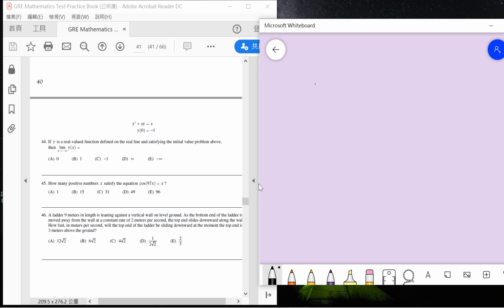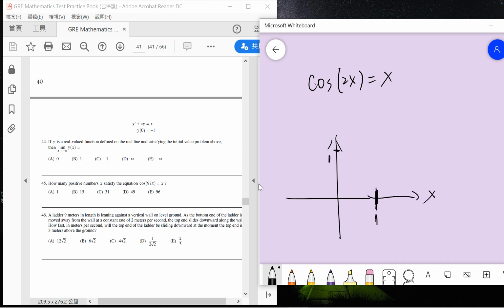But I guess this question needs to be thought about carefully. Suppose we only solve cosine 2x equal to x. Suppose this is 1. Since the maximum of the cosine function is 1, the only possibility that the two curves intersect with each other is in this small region.